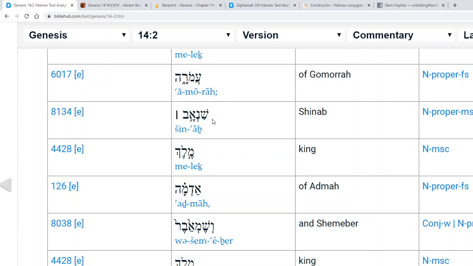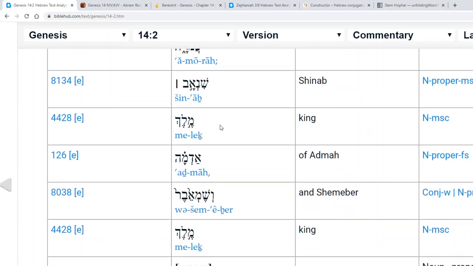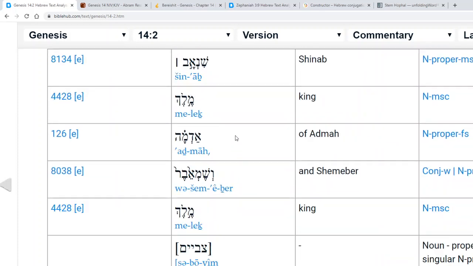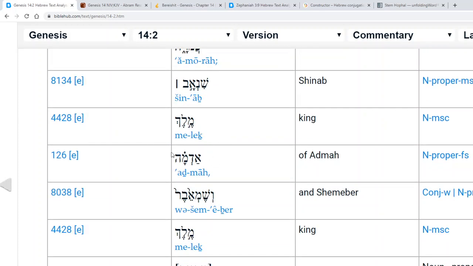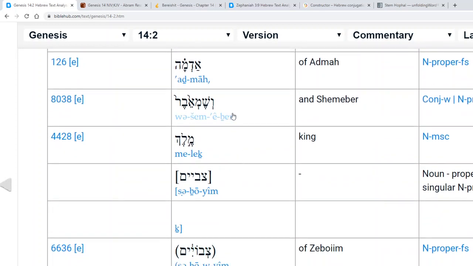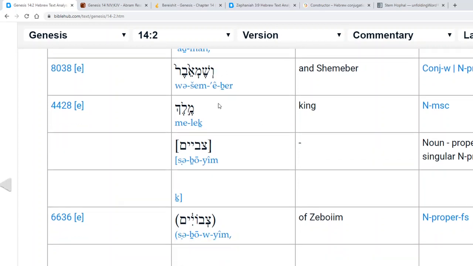Shinab. I may have said Shinar before. This is Shinab, sorry. Melech Adma, right? The king of Adma, wherever that is. Obviously, Adma kind of sounds like it could be clay, right? The place of clay, Adama. Veshem Ever, so conjunctive vav, Shem Ever is the name.